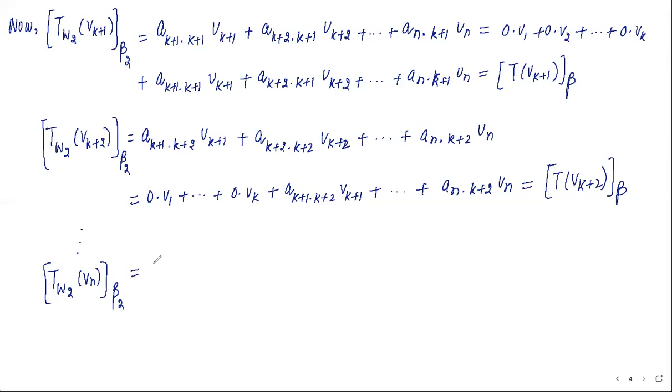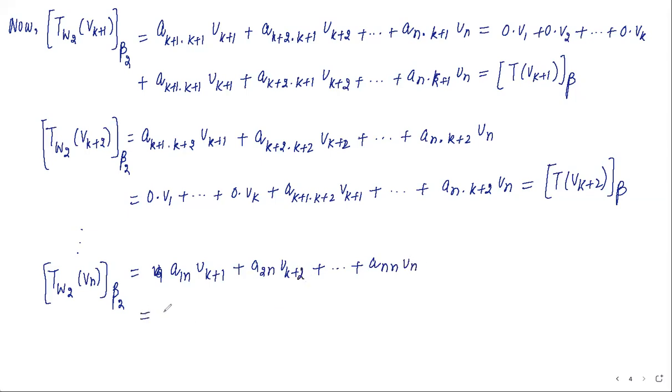First we will write it as a_{1n} v_{k+1}, then plus a_{2n} v_{k+2}, then plus so on a_{nn} v_n.